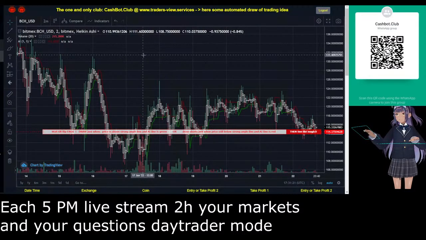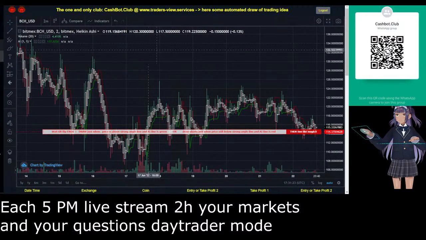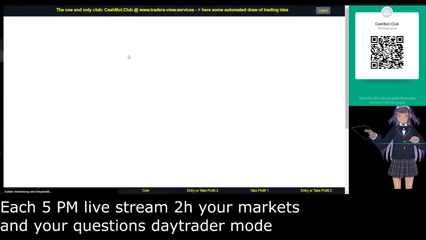Now the system is always the same. So I reload the page so that I can draw.